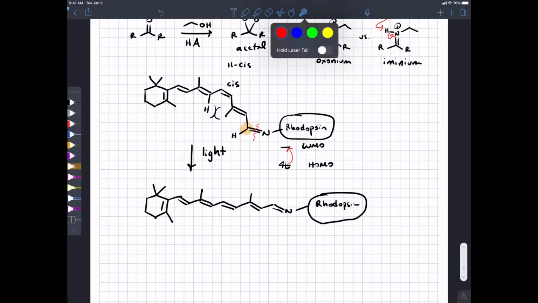Now, one interesting thing is that your body can't take this molecule as it is and turn it straight back into the cis conformation. Instead, it has to hydrolyze off this imine, and then it takes the trans retinal somewhere and recycles it and isomerizes it to the cis.